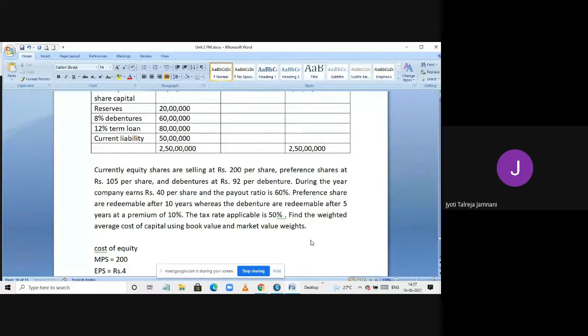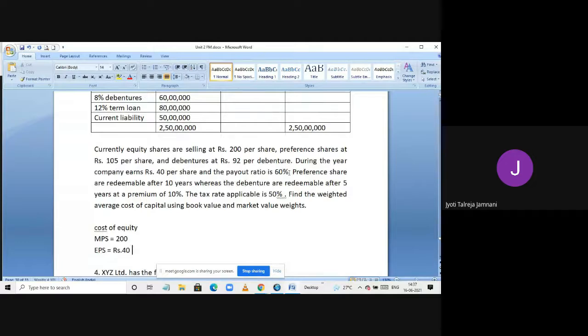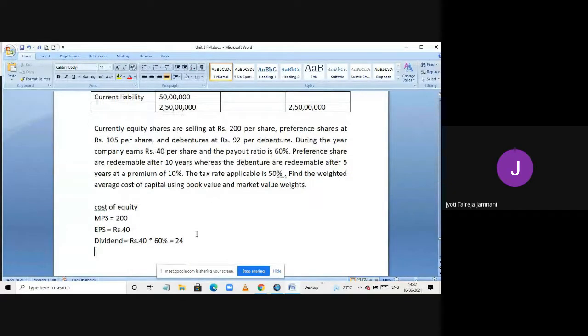Then they have told the payout ratio is 60%. That means out of whatever the company has earned, the dividend will be paid as 60%. So 60% of 40 rupees gives the dividend amount. It is 24. So that is the dividend.